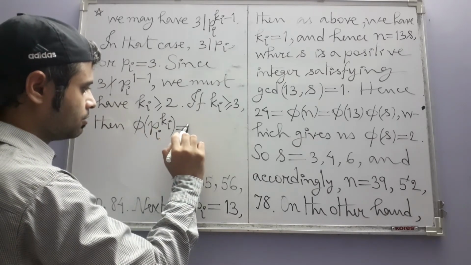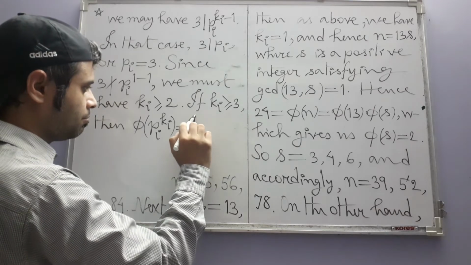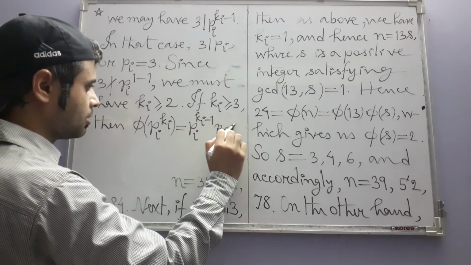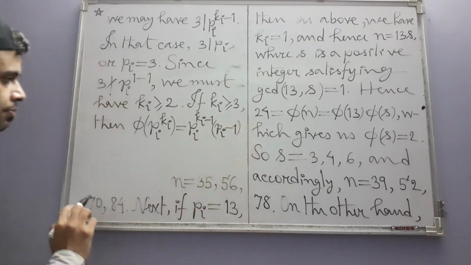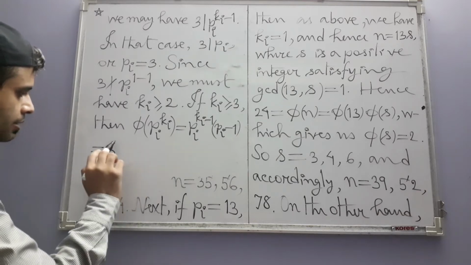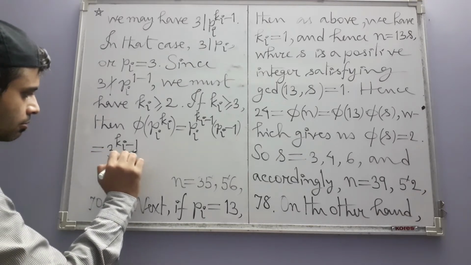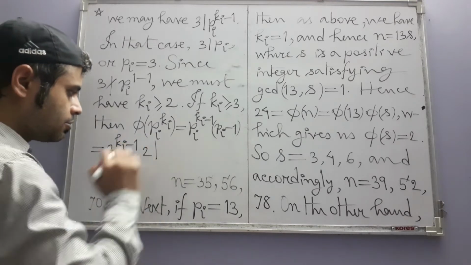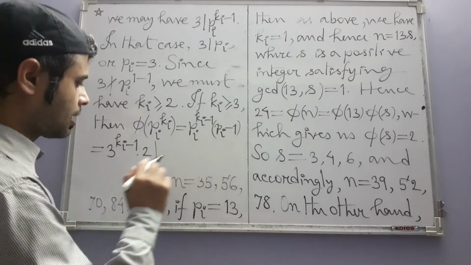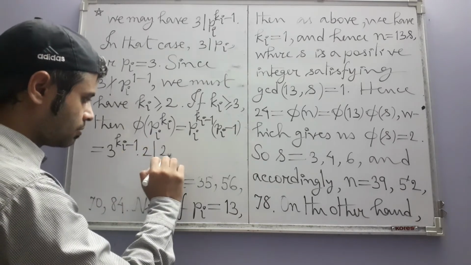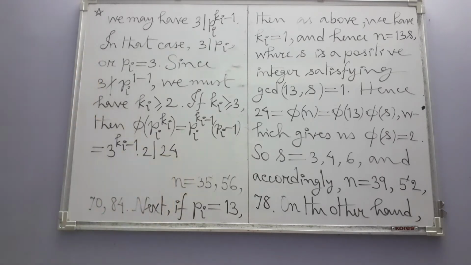This is equal to pi to the power ki minus 1 times pi minus 1, which actually is just simply this, because pi is 3, times 2, and this should, just like the other calculations that we came across in this solution, divide 24.